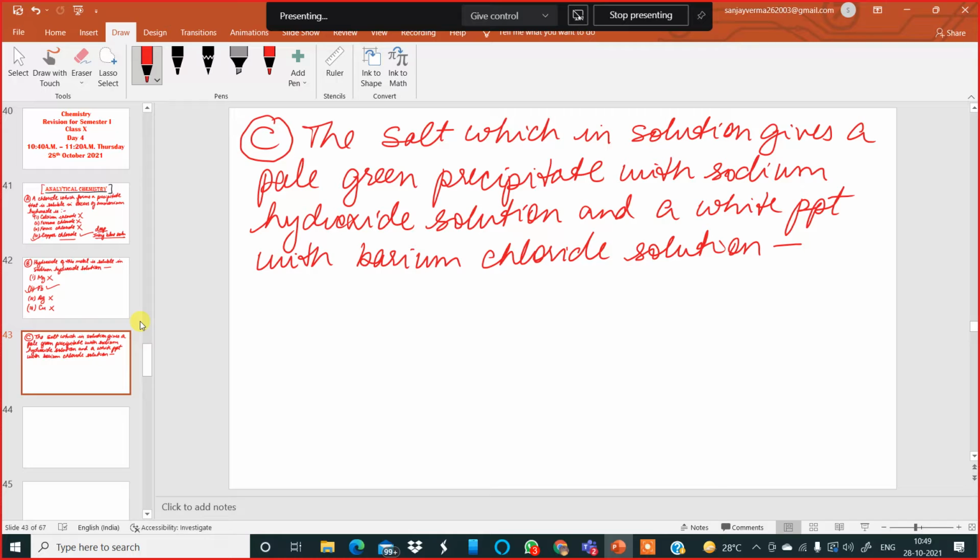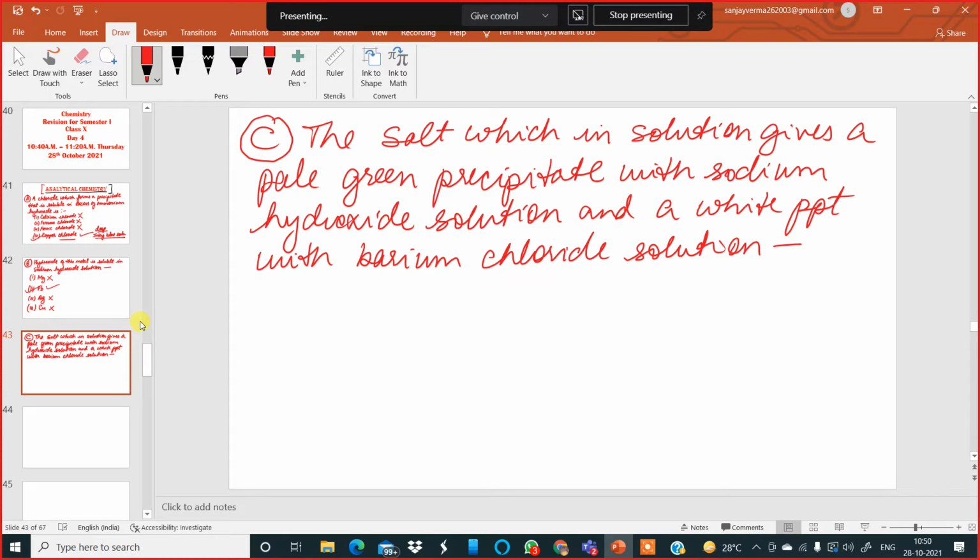I'm reading the question once more. The salt which in solution state gives a pale green precipitate with sodium hydroxide, and then the same salt gives a white precipitate with barium chloride solution.